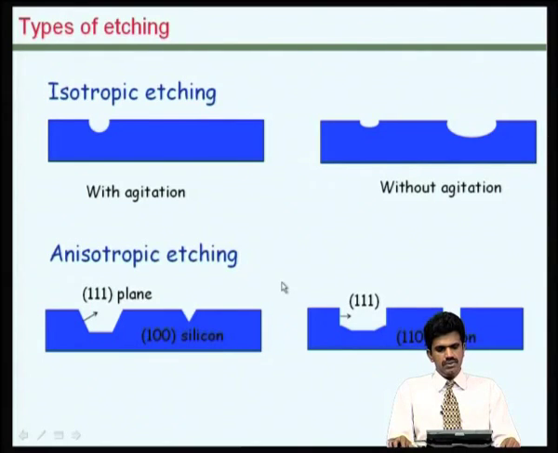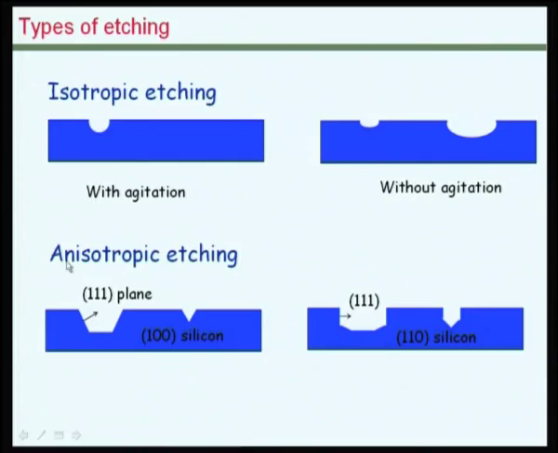Whereas in anisotropic etching, we can choose the reagent so that it is anisotropic, obviously, and result in well defined side walls to the cavities formed by etching.